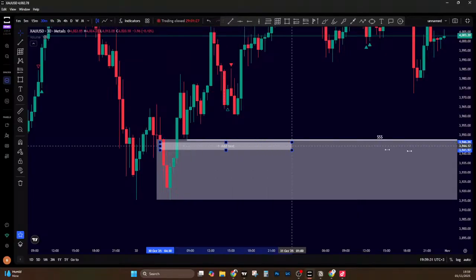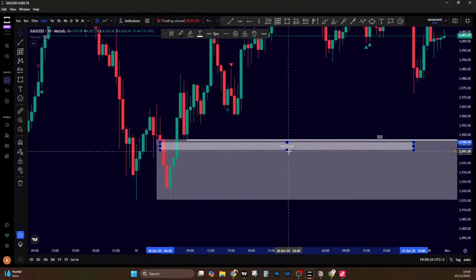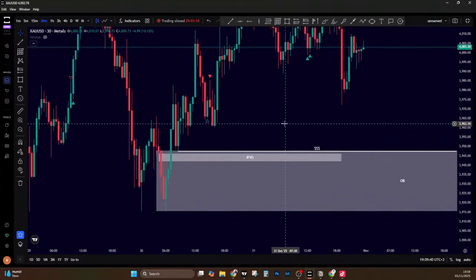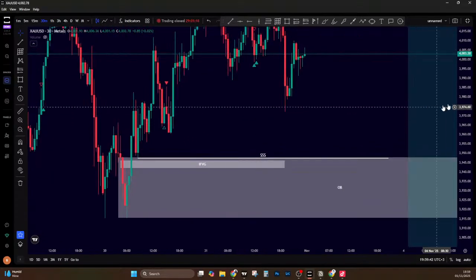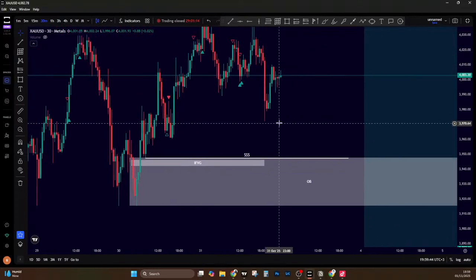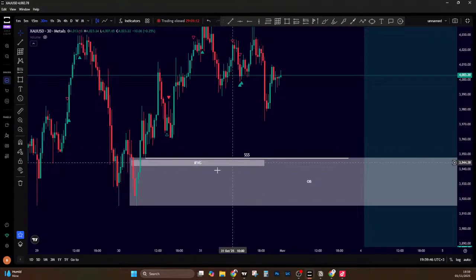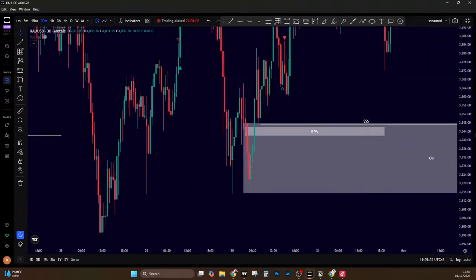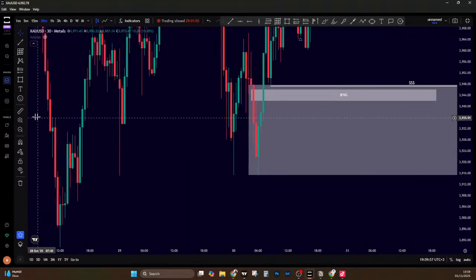Can you see that? This is IFVG. This is gold, my friend, expensive. This is gold. So this gives me confidence. And then you have to check if this took liquidity on the left.